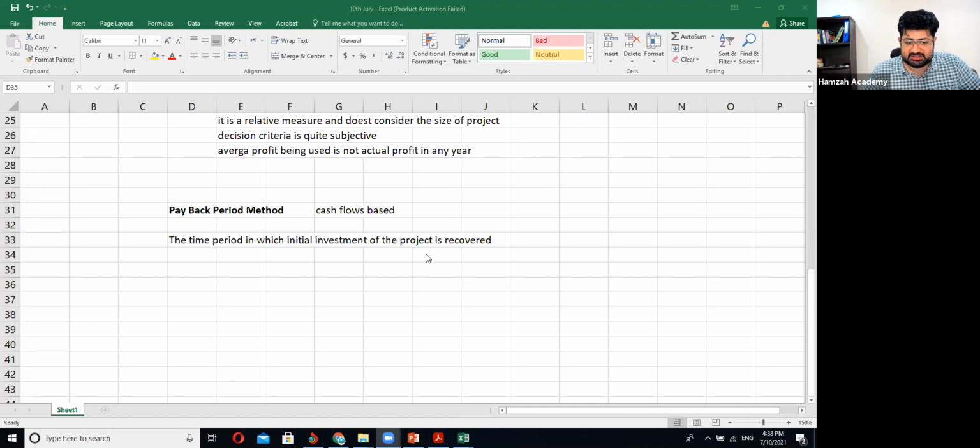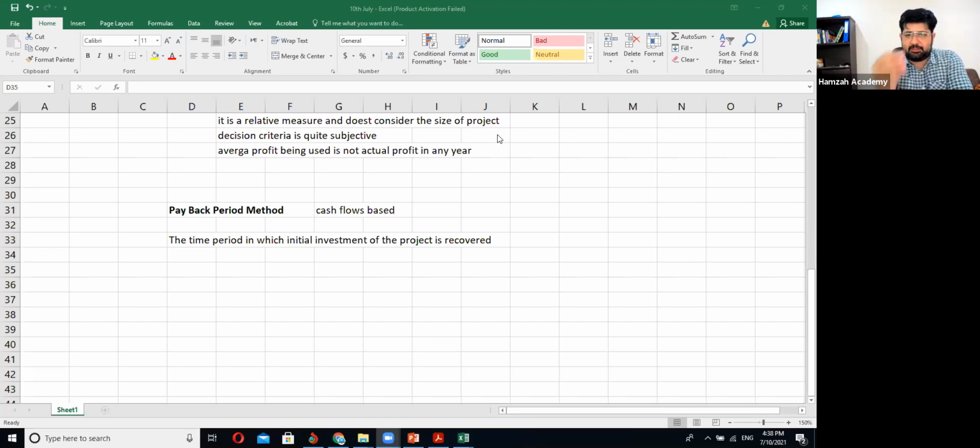Now, sometimes it happens the bank says, I am going to give you a loan for investment, and the loan is available for 4 years.